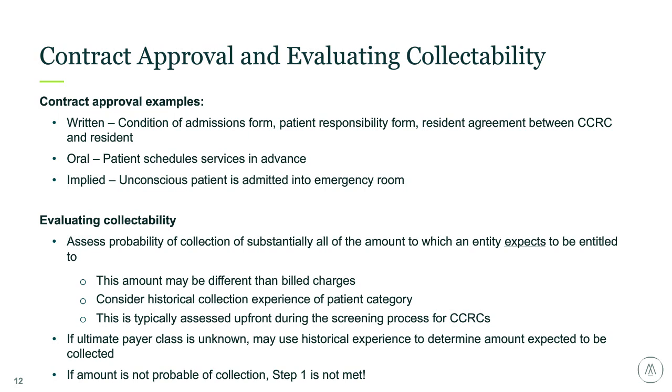If the healthcare entity determines it does not have a written contract, for example, the patient is unable to sign a patient responsibility form, it may consider whether it has an oral or implied contract. If the patient calls and schedules healthcare services in advance, for example, an elective procedure, the healthcare entity may determine that it has an oral contract.